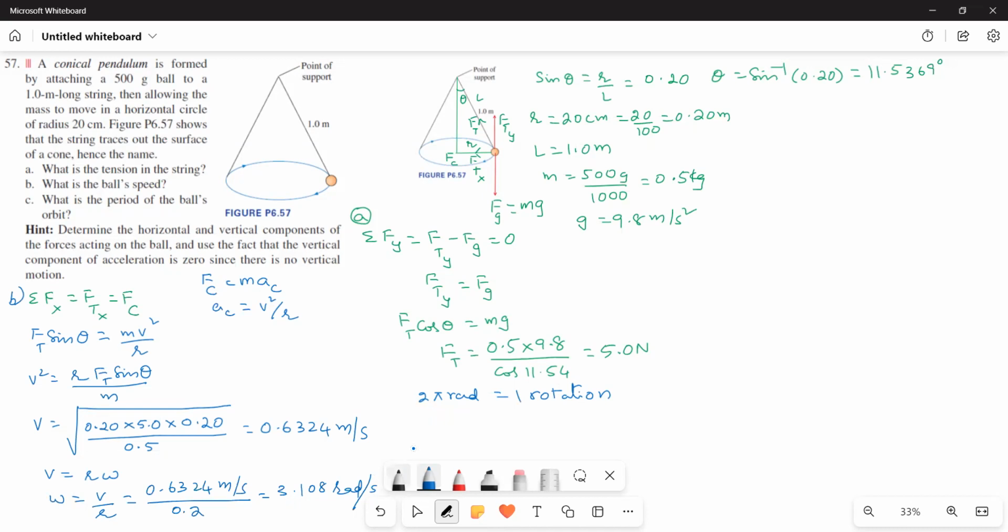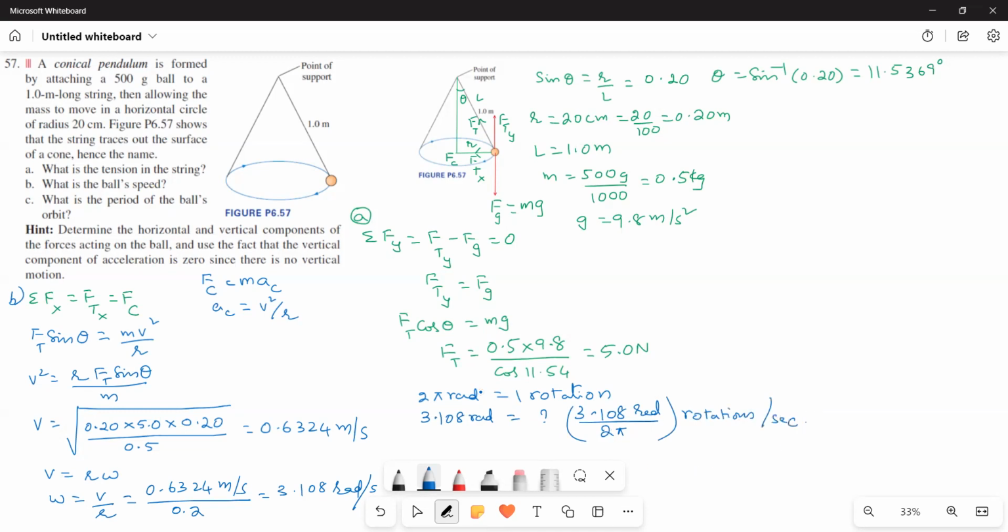Okay. Now, 3.108 radians, how many rotations? Okay. So for that, what I will do, 3.108 radians divided by 2 pi gives the number of rotations per second.